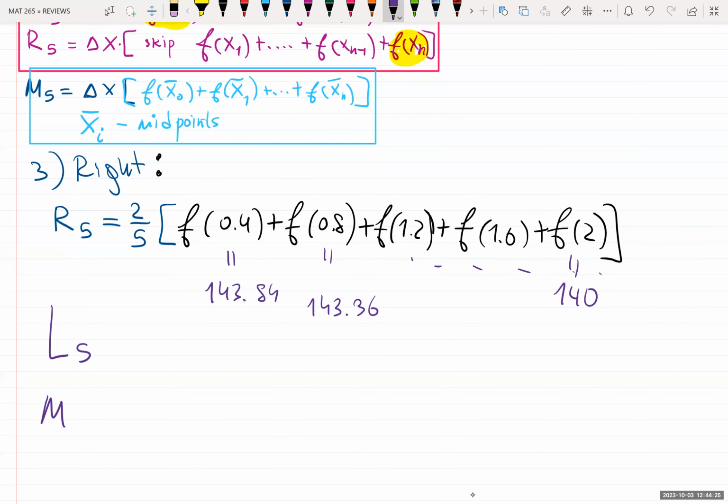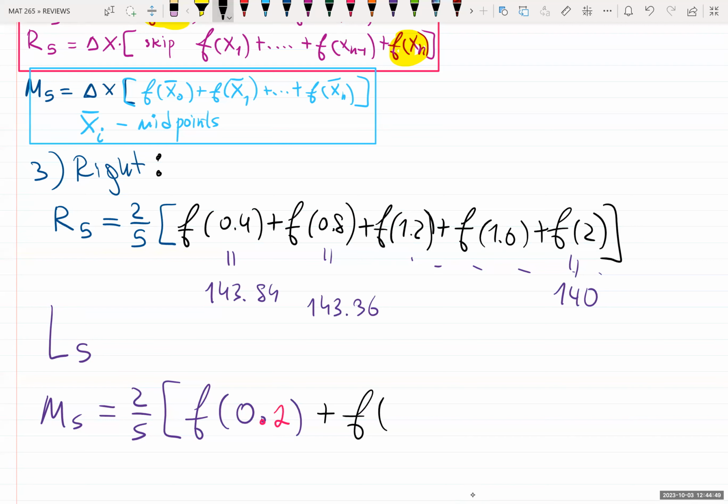And if they ask you for the midpoint, now you have to find M sub 5, which is 2/5 times f at what is between 0 and 0.4, the midpoint 0.2, plus f at what is between 0.4 and 0.8, 0.6. Usually you're not supposed to do it by guessing.